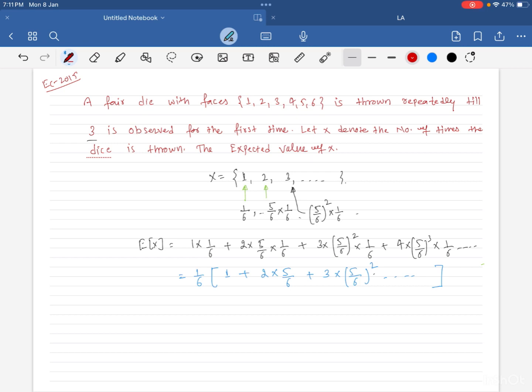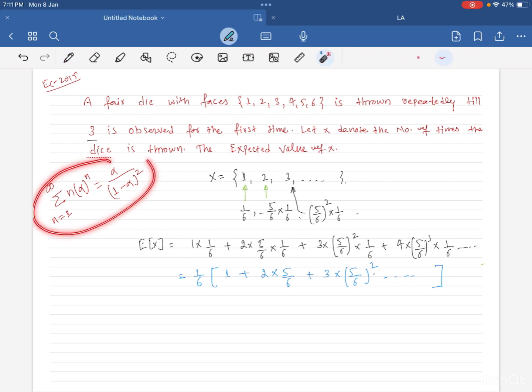So what I know is that summation from n equals 1 to infinity of n times alpha to the power n is equal to alpha divided by (1 minus alpha) whole square. But this summation is not exactly this one.